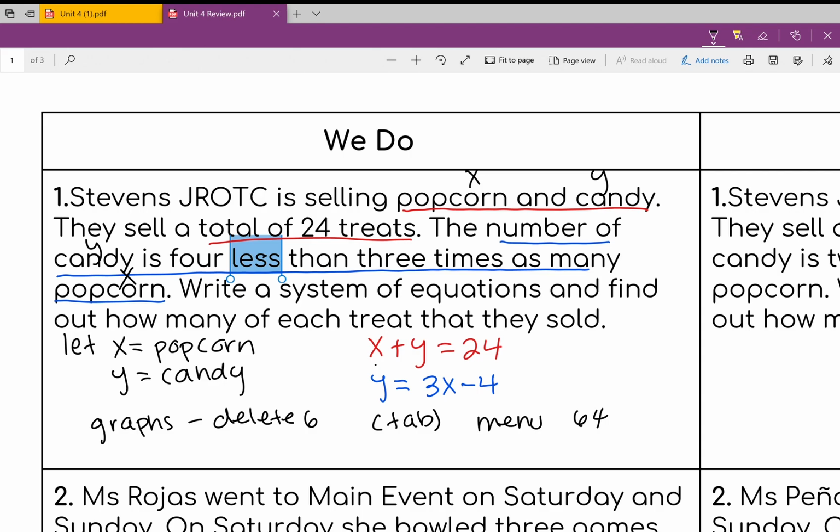After you do all that, you will get the answer 7, 17. So if I was to write this in a sentence, it would be that JROTC sold 7 popcorn, because popcorn was x, and 17 candy.